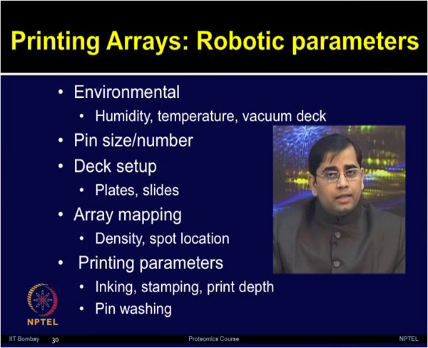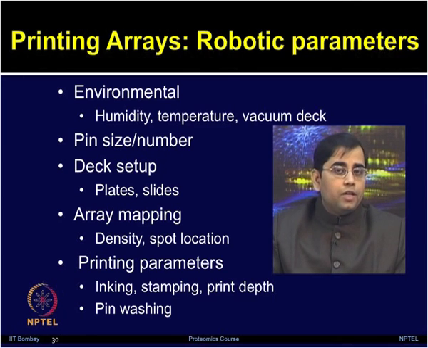Array mapping, that is, you have already planned experimentally beforehand what density you want to achieve, and where each of your genes is going to be located on the map. Now, there are different printing parameters such as inking, stamping, print depth, and you need to ensure that in between the printing the washing is sufficient.